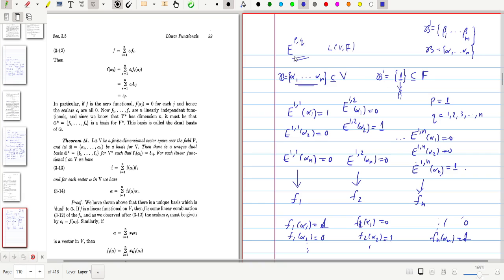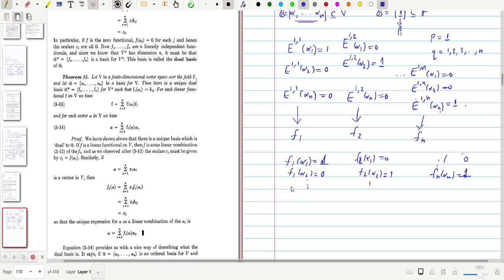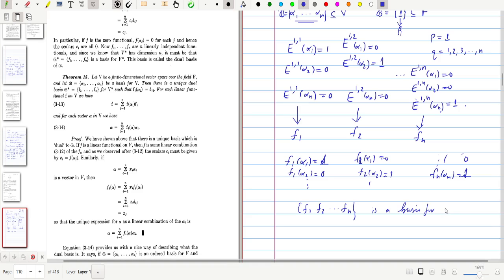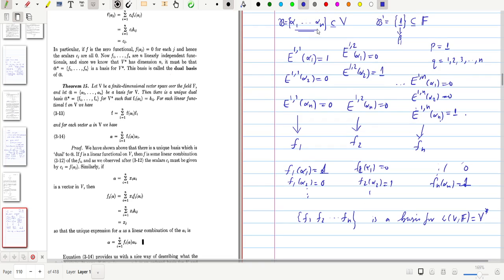Then this is the analogous basis of E_pq in V star. So this f1, f2, etc., fn is a basis for L(V, F). What is L(V, F)? L(V, F) is V star, the dual space of V. So this f1, f2, fn can be constructed from the basis B, alpha 1, alpha 2, alpha n.